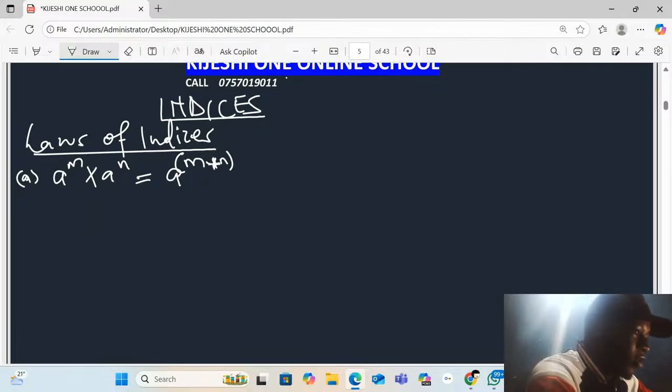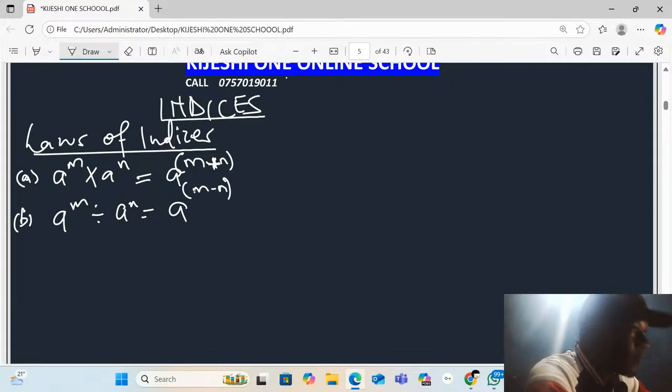And then when you are dividing, that is now law number 2. When you have a raised to m divided by a raised to n, you're going to get a, then you subtract the powers. So you're going to have m minus n, that way.